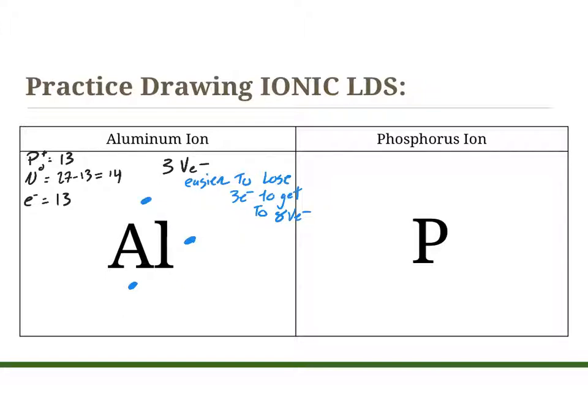So aluminum is going to lose 3 electrons. When it loses 3 electrons, I'm going to rewrite it simply as Al.